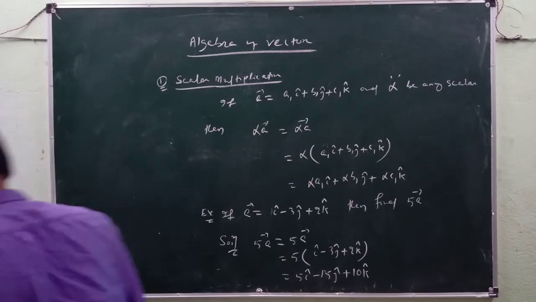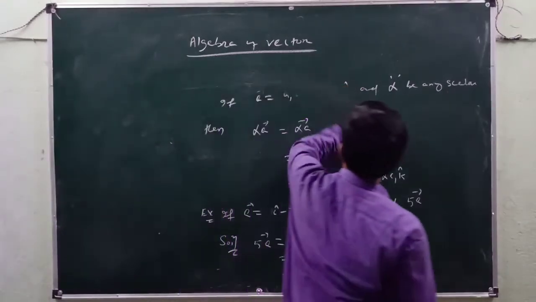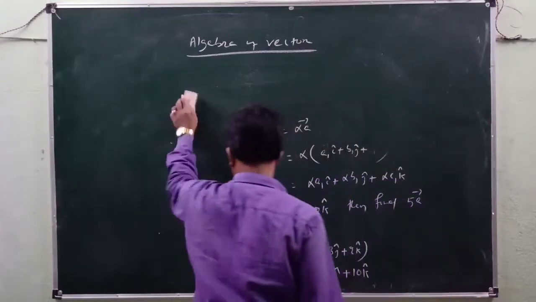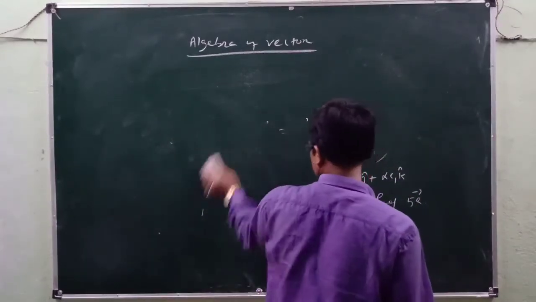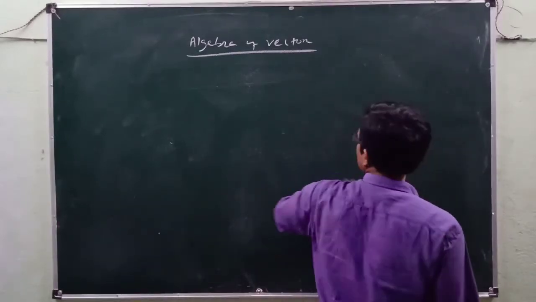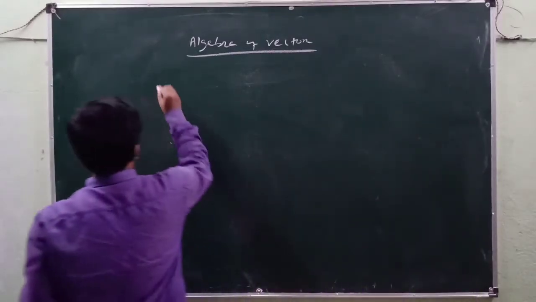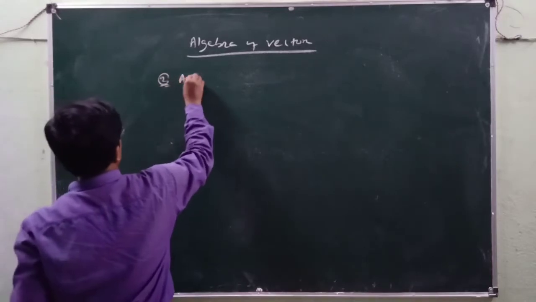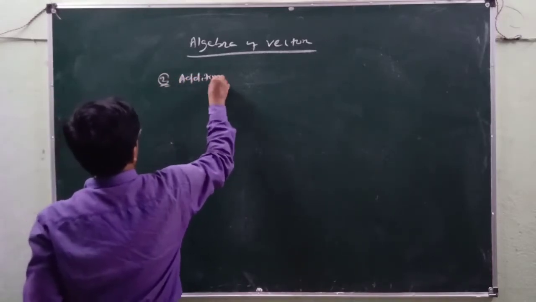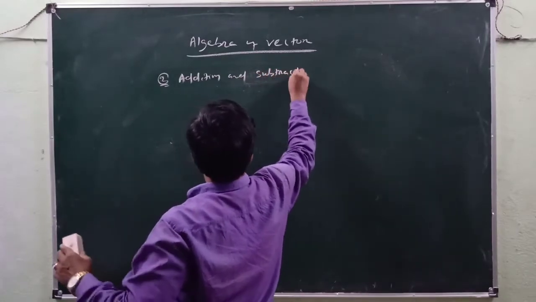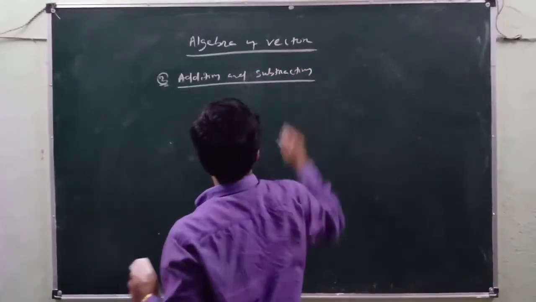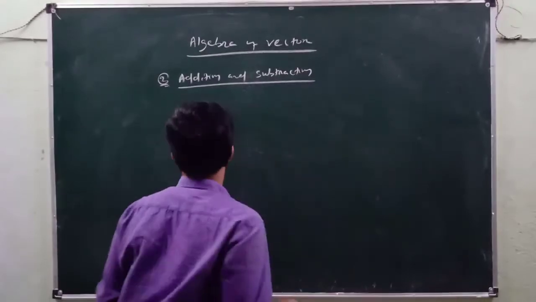Then comes addition and subtraction. Number 2, addition and subtraction of two vectors.